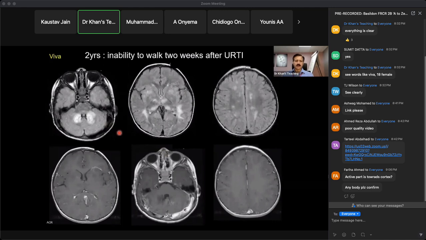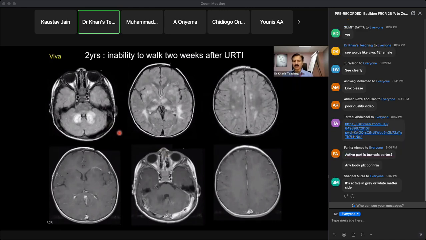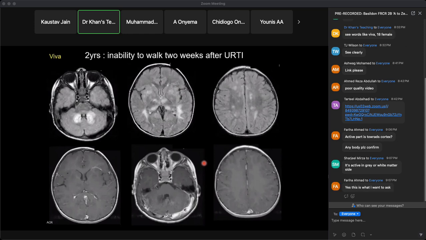Yes, please. Two years old, inability to walk two weeks after URTI. My history is too kind. The examiner is very kind to give you this elaborate history. So that's a hint. Okay, so my observations are that there is hyperintense FLAIR signal within the deep white matter, relatively symmetrical in distribution, and it's also within the medial aspect of the cerebellum.